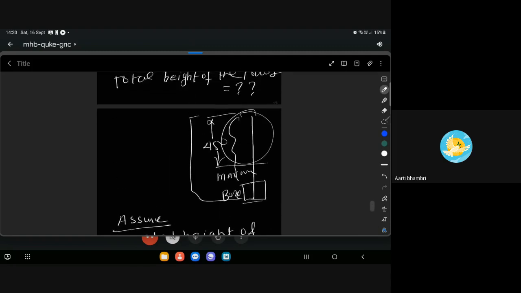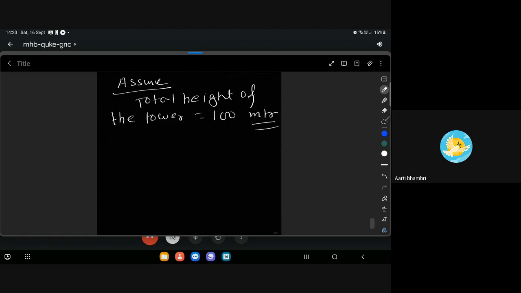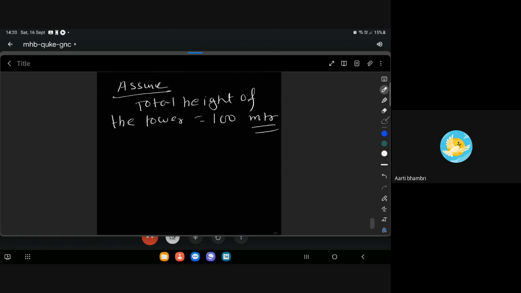Now the question is, 1/5 part of the tower is painted in bronze. So the height of the bronze colored part is 1/5 of 100 meters, which is 20 meters.